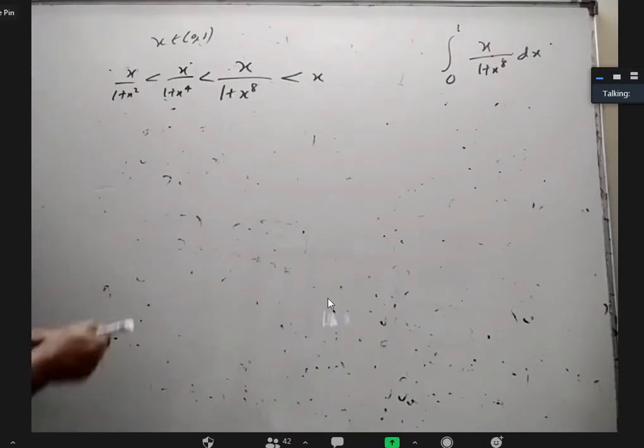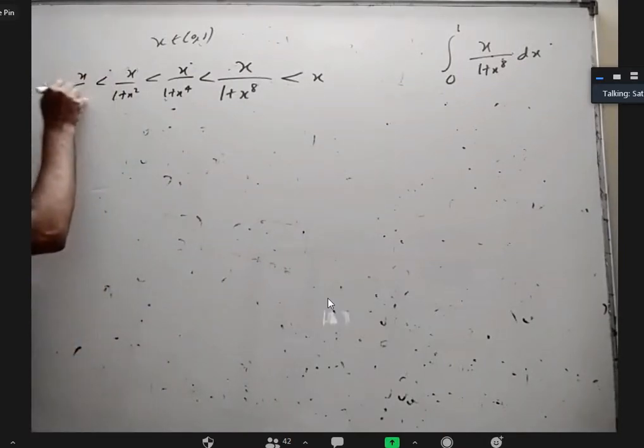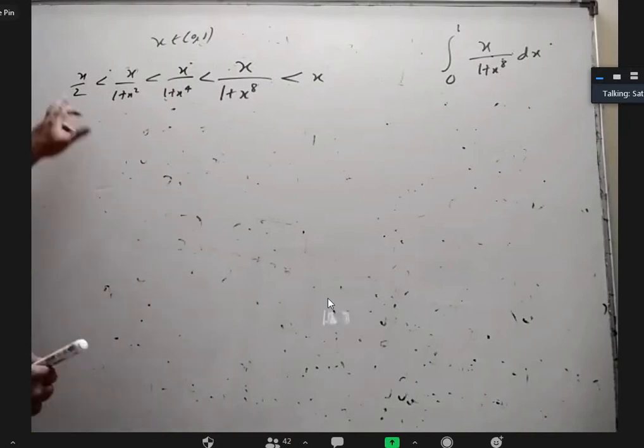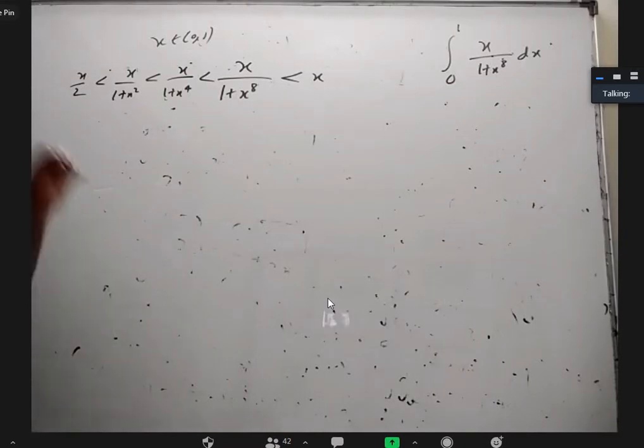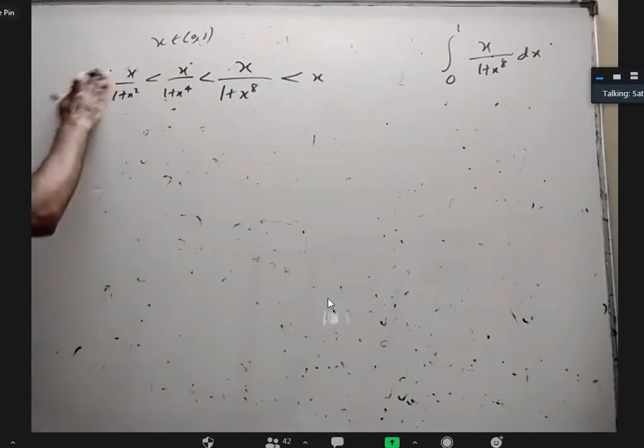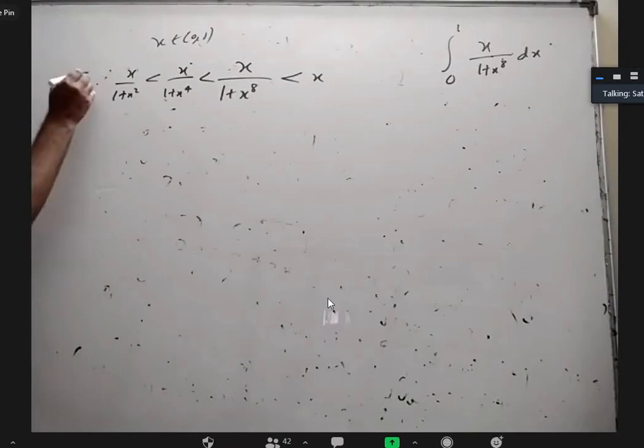And I can even say it is x by 2 here, since 2 is bigger than 1 plus x squared. Many things are possible. These are all not required for the question. I'm just showing you how different answers can come.